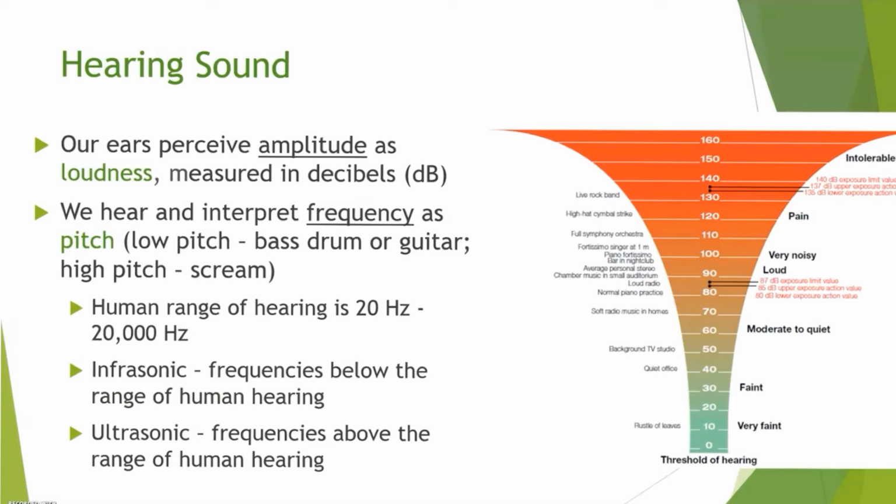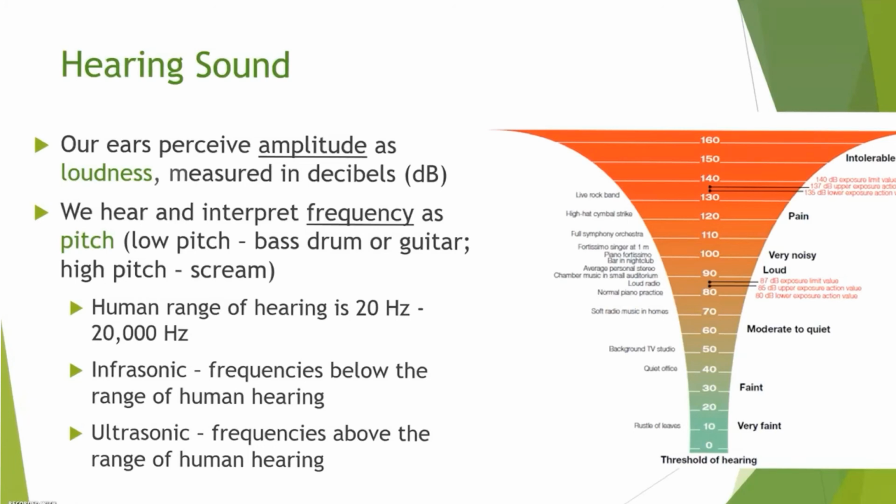Human hearing can hear between 20 hertz up to 20,000 hertz, and you'll get to experience what those frequency or pitch values sound like in the lab tomorrow. But your ability to hear changes. Not everyone can hear in this range, but that is the wide range that we can hear in.